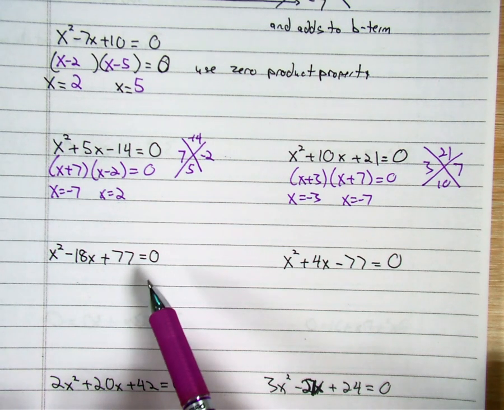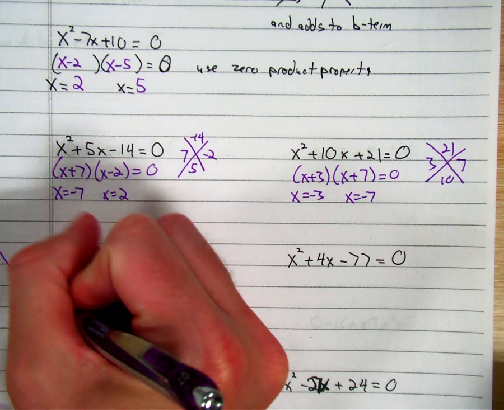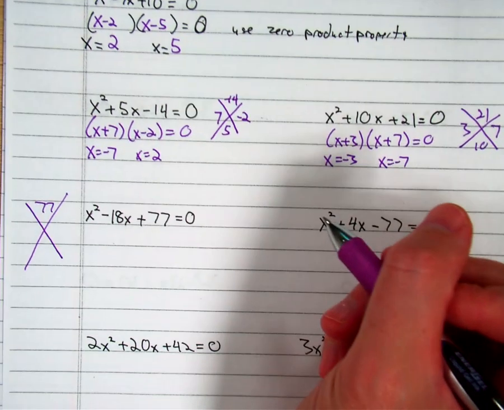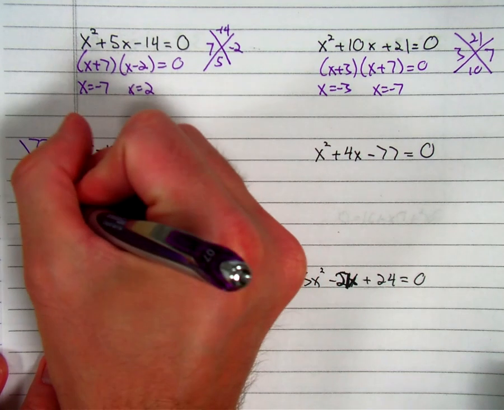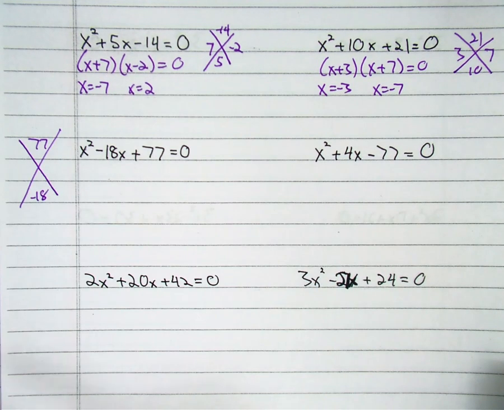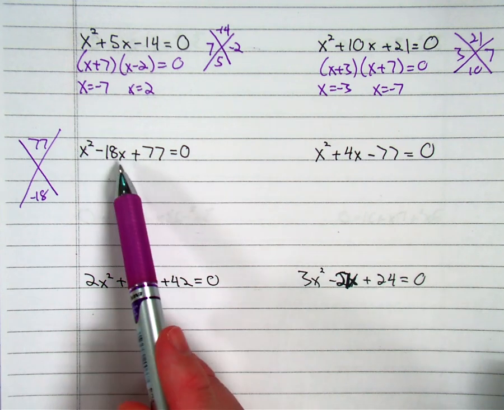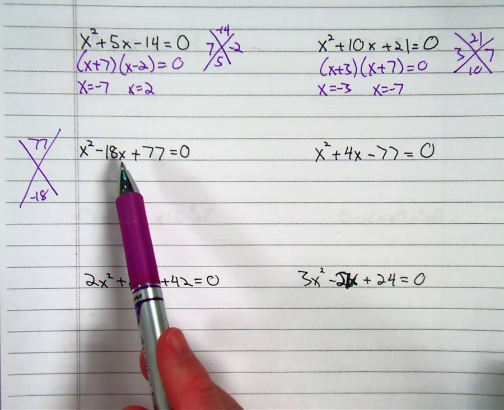Slightly bigger numbers, let's see how it looks. So it's going to multiply to positive 77 and add to negative 18. Let's think. 77. How about 7 and 11? Well, that's 77, but that's not negative 18. That'd be positive 18.